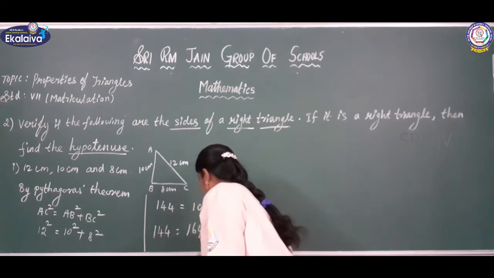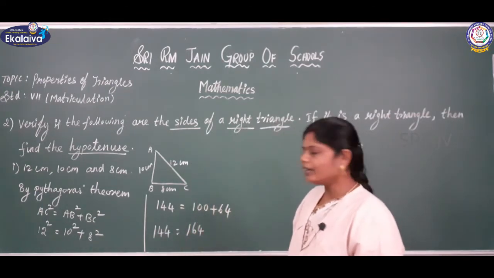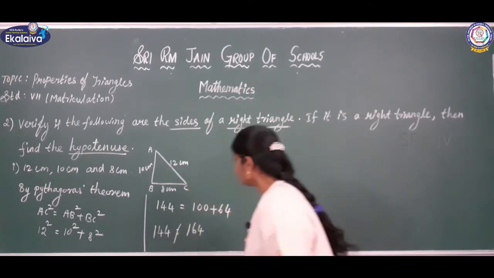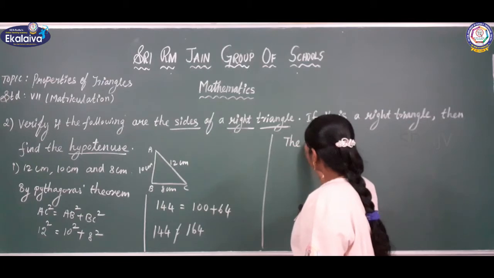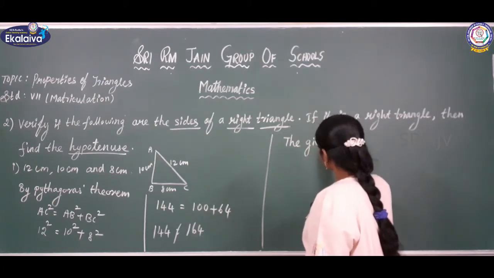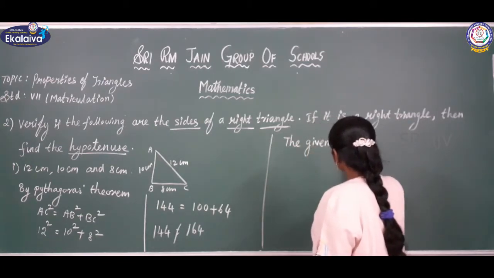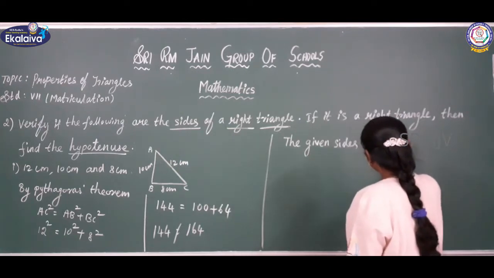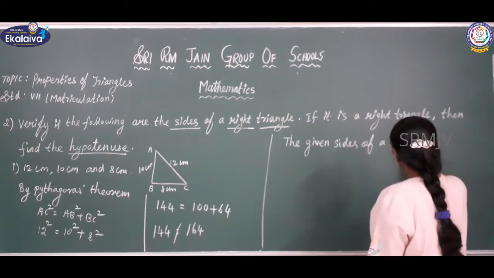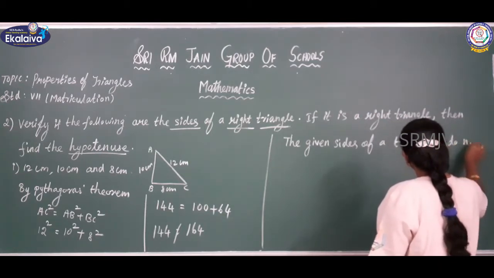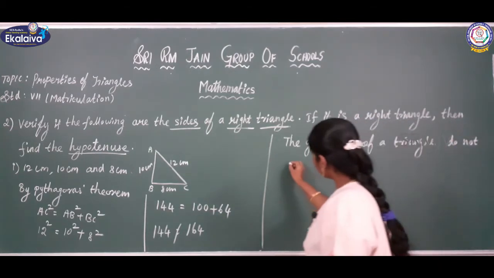Now you compare this. Are both the sides equal? No, they are not equal. Okay. So therefore, the given sides of a triangle do not satisfy the Pythagoras theorem.